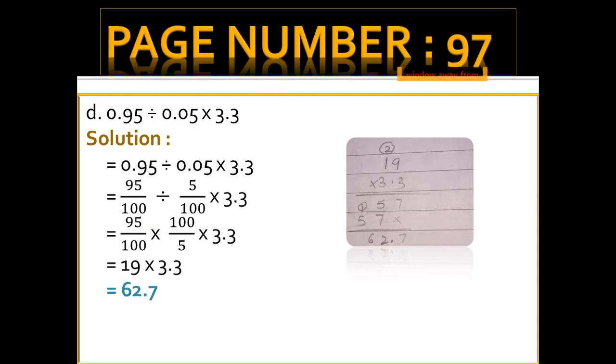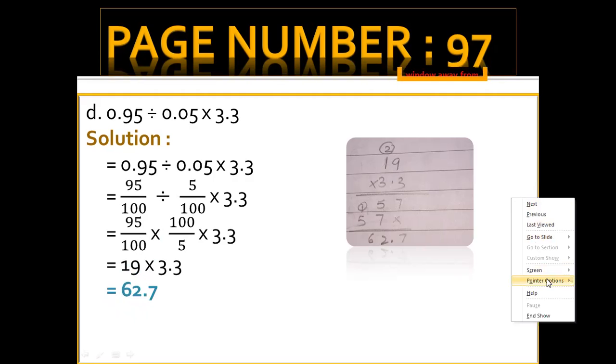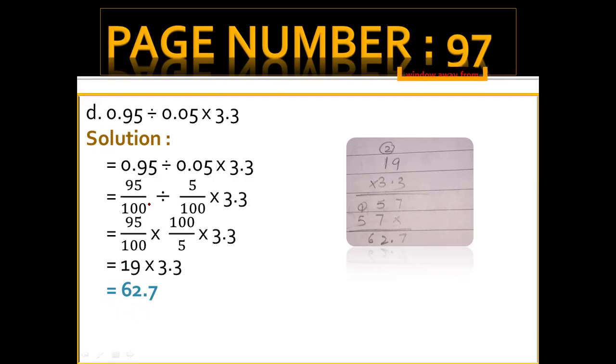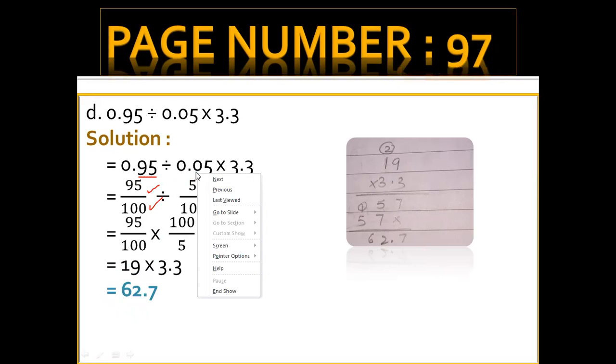Again I remove the decimal and change the numbers into whole numbers. 0.95 can be written as 95 over 100, because there are two numbers after the decimal, and the same with 0.05: there are two numbers after the decimal, so we can write it as 5 over 100.